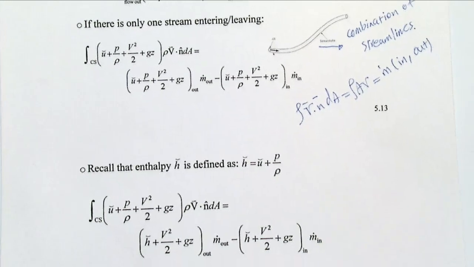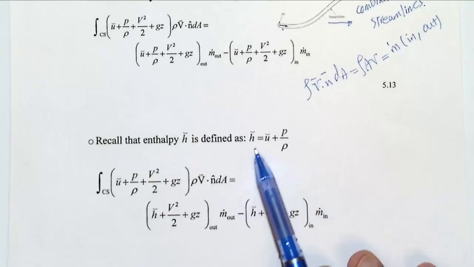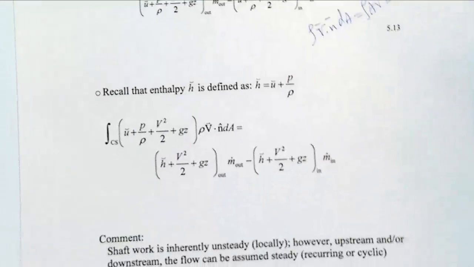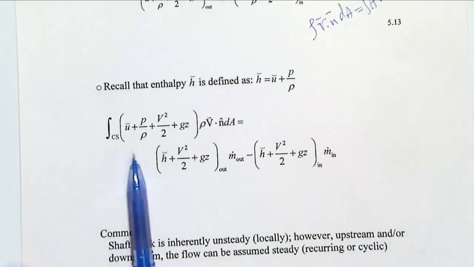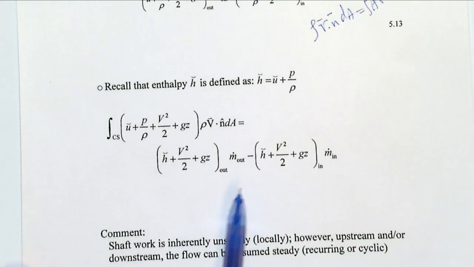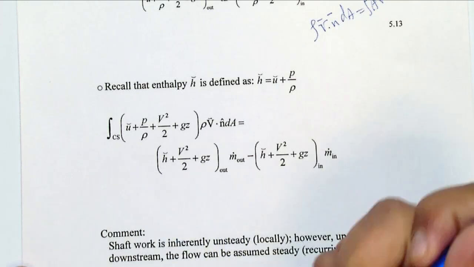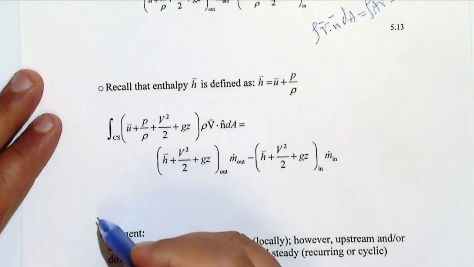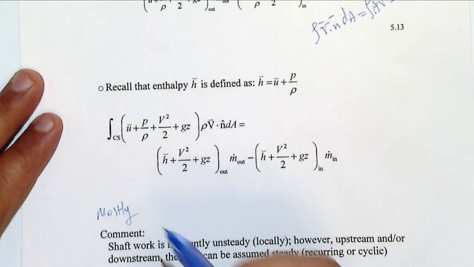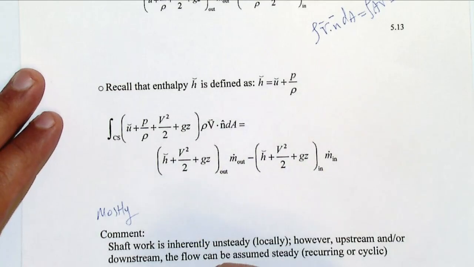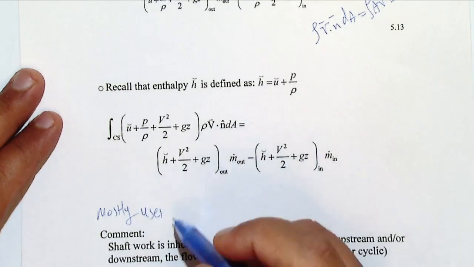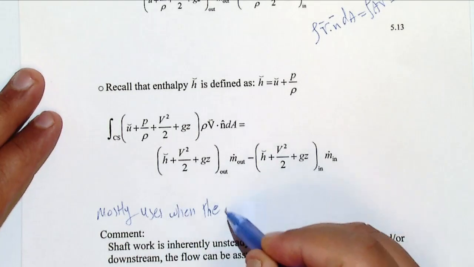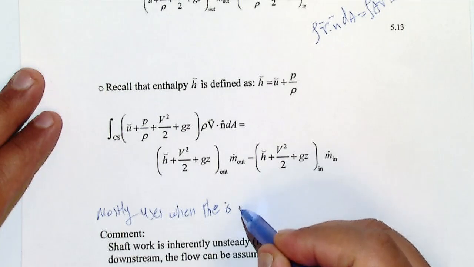If you assume that, then you may have enthalpy as an input or known in your question, and your equation can be summarized in this form, right? These are all types of conservation of energy, but for example this one is mostly used for compressible flow, not for incompressible, when the flow is compressible.